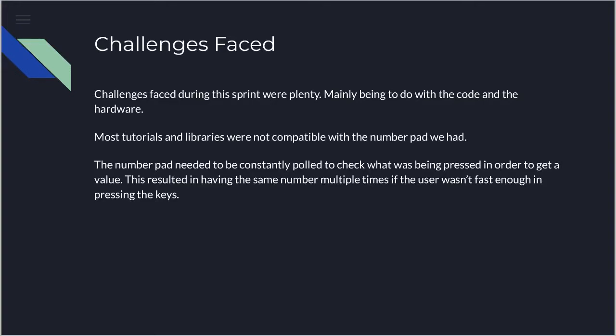This resulted in having the same number multiple times if the user wasn't fast enough in pressing the keys. This created some issues in developing our code and hardware. We had to work around this to ensure that we could minimize this issue as much as possible. In Sprint 2, we will further develop these bugs and issues to make the system more well-rounded.